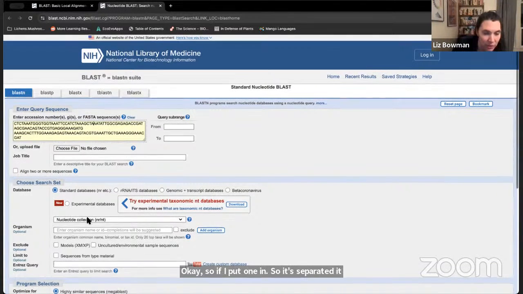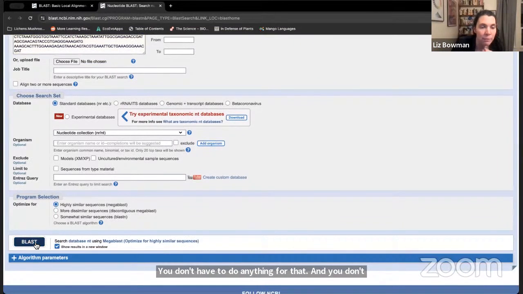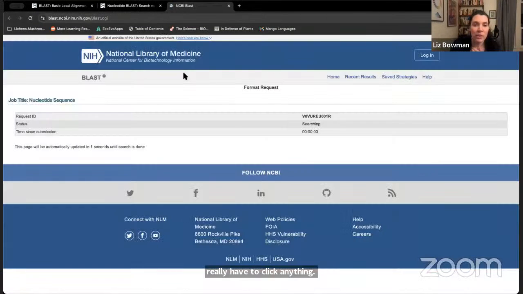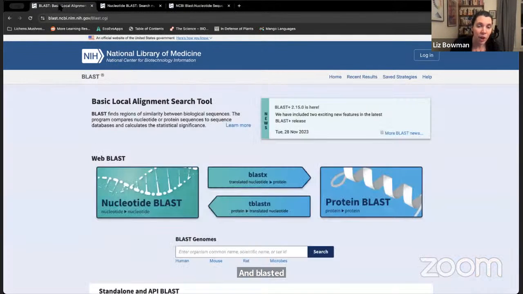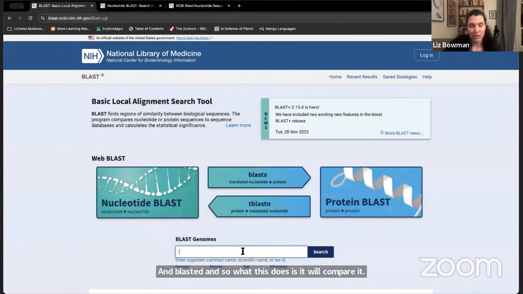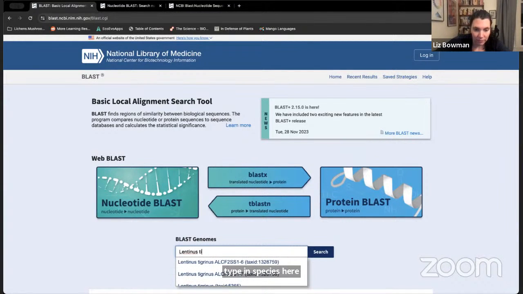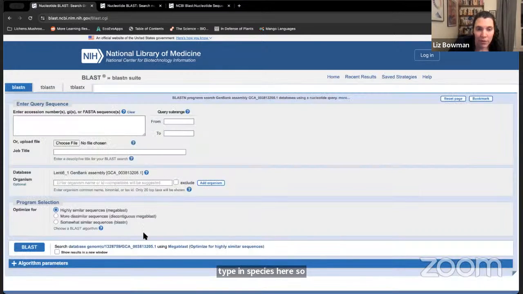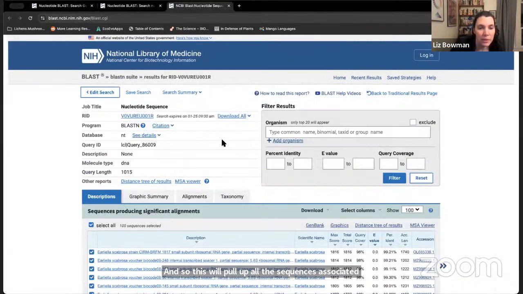You don't have to do anything for that, and you don't really have to click anything here, just BLAST it. What this does is it will compare it. Another option, if you're looking for a sequence, you can type in a species here, and this will pull up all the sequences associated with Lentinus.